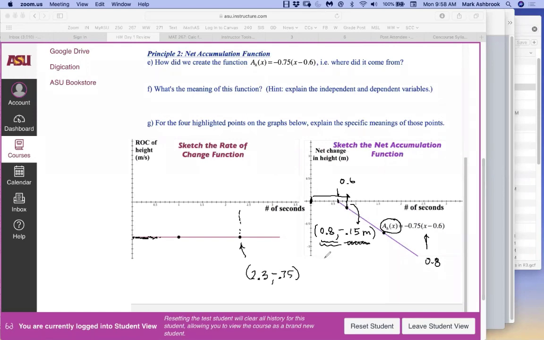Right? So at 0.8 seconds, the amount of change, our dx so far, is 0.2 seconds. So in those 0.2 seconds, the height of the flag dropped this much. Does it make sense? Yeah, that makes sense.